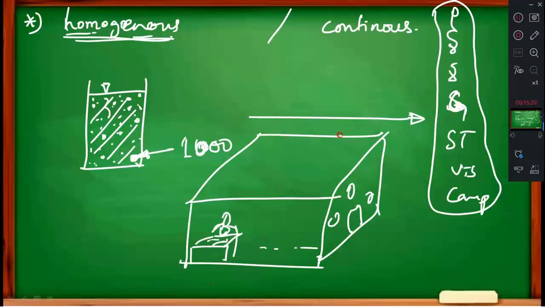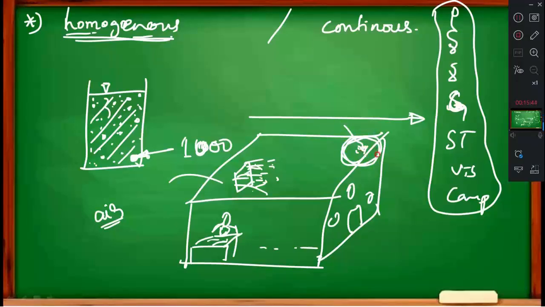Now inside the room, what is there? Air is there, no? Here one window is there, therefore the velocity is more here and the density may be less. Here there is a cold environment in this corner, therefore you may have a high dense air here. And here some cooking is going on, therefore the temperature is increased and the density is decreased here.